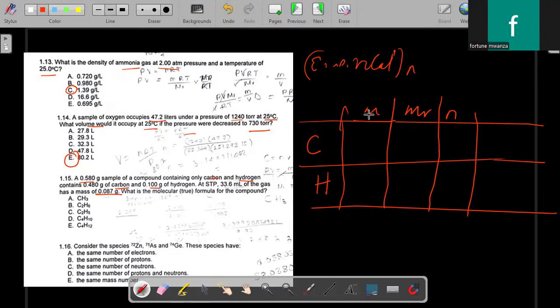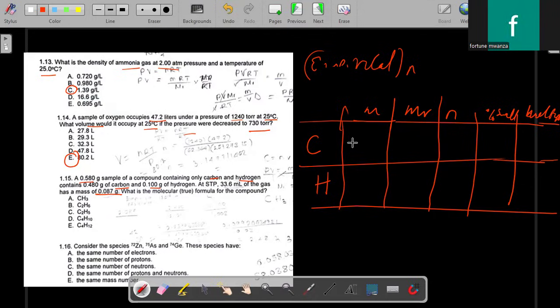When I have my mass and my molar mass, I can simply apply the formula to get the number of moles. When I get the number of moles, what do I do next? I'll divide by the smallest. When I divide by the smallest, I'll multiply by a certain factor. The reason why I'll be multiplying with a certain factor is to make sure that I have numbers which are closer to the whole number.